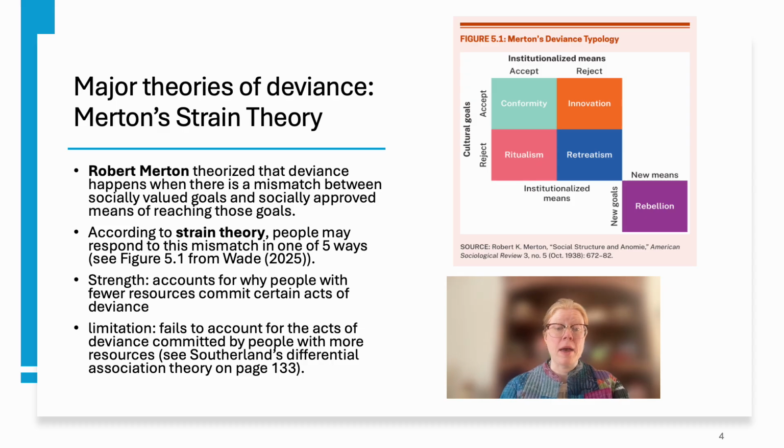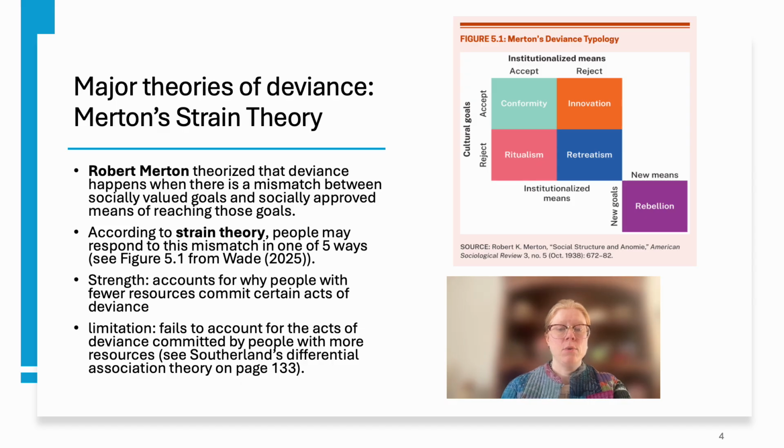And for a lot of people that might work, Merton says. For other people, though, with fewer resources, they might perceive a mismatch between the culturally valued goals and the socially approved means. That they may perceive that those means of achieving the goal wouldn't work for them.